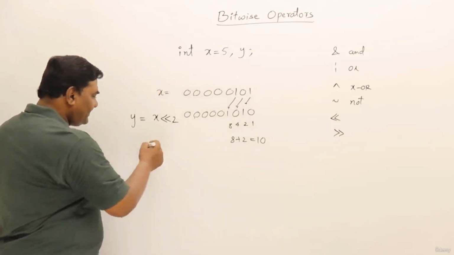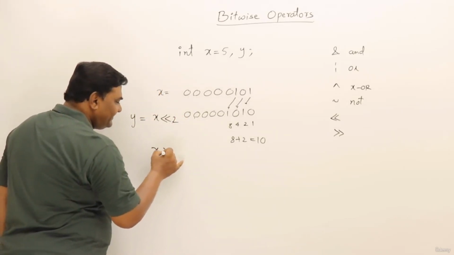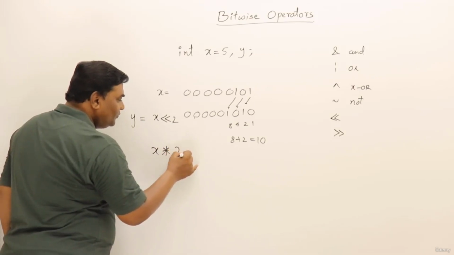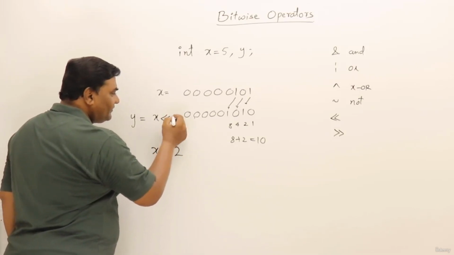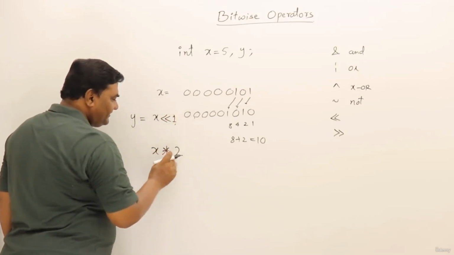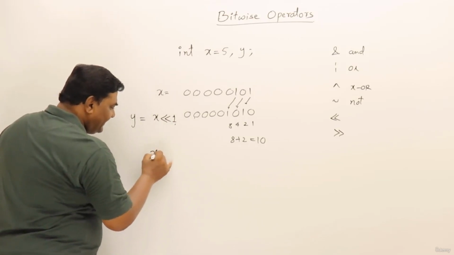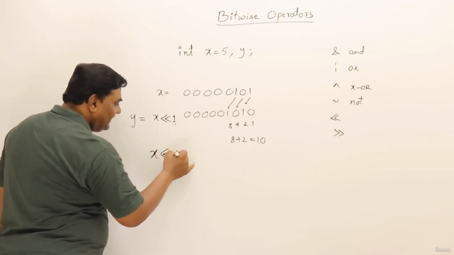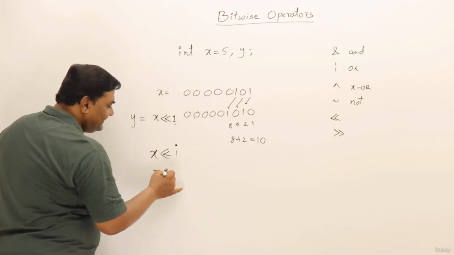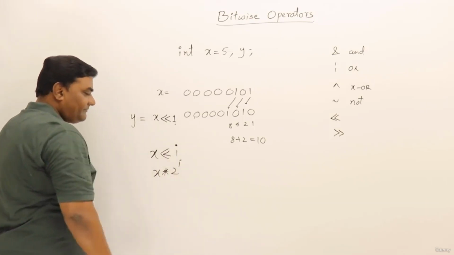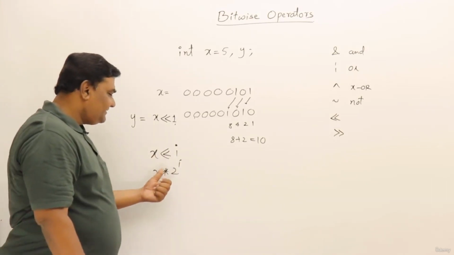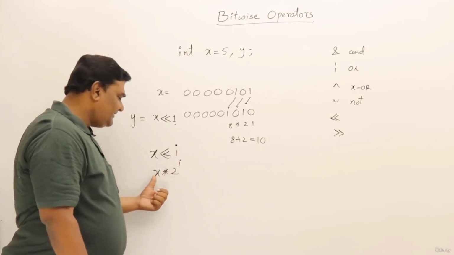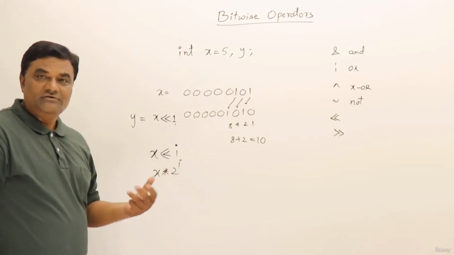So whatever the value of x is, it will get multiplied by 2 power whatever number you write here. So if I say x left shift I, then this will be x into 2 power I. If it is 1, then it is multiplied by 2. If I is 2, then x will be multiplied by 4 and so on.